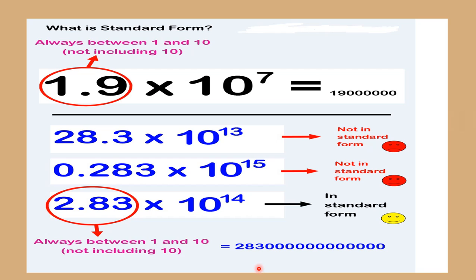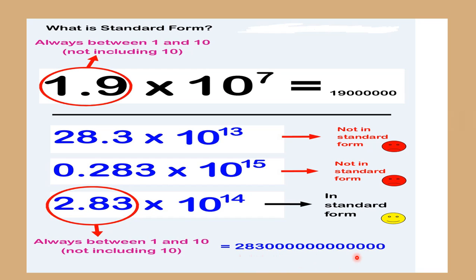So this 2.83 into 10 raised to the power 14 is the standard form of the notation of a number, and its usual form, its long form, is 283,000,000,000,000. So we can observe how very long it is.